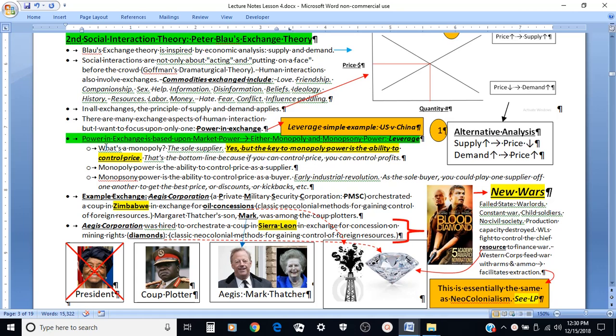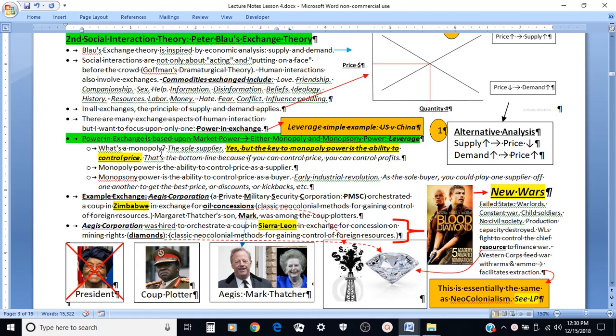So now power in exchange is based upon market power, either as a monopoly or a monopsony. A monopoly is the power of a sole provider or supplier. Monopsony is the power of a sole purchaser.